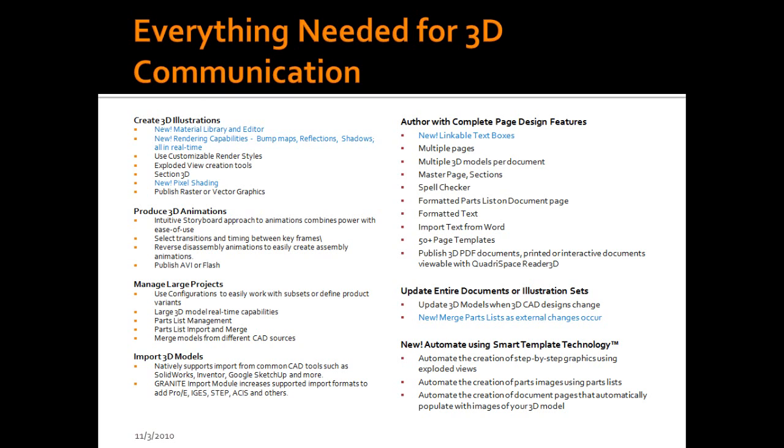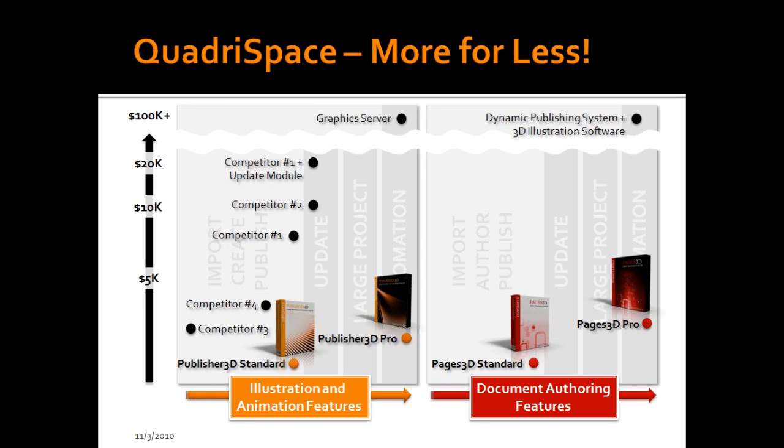We showed quite a bit today, but there's a lot more depth to the product. This just points out that there are a lot more things that you can do. If we didn't cover something you think might have been important, it may not be because the product doesn't have it. It's likely because we just didn't have time to cover it. And this is how we match up against others in the market.